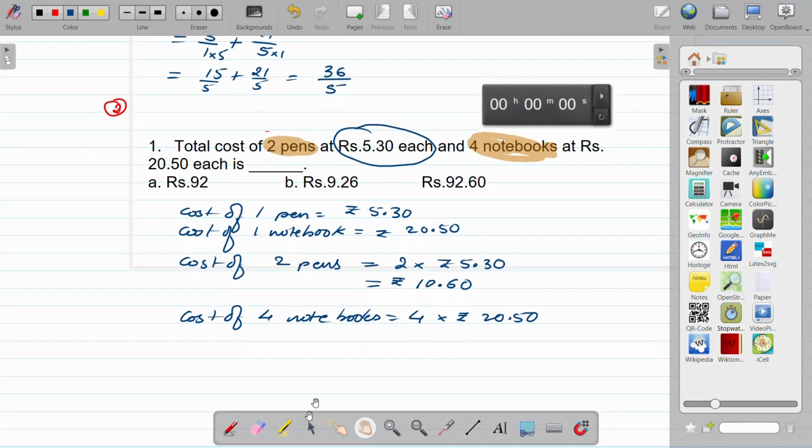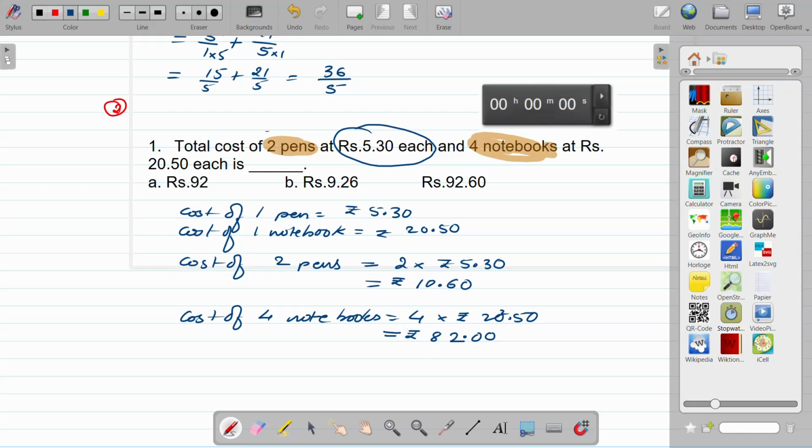We multiply row wise. Now first, 4 zeros are 0. Next 4 into 5, 20. 0, and 2 carry comes to the next. 4 zeros are 0 and the 2 carry will be 2. And 4 twos are 8. For the sum of decimal points, we have to count 2 decimal points, and then it is rupees.